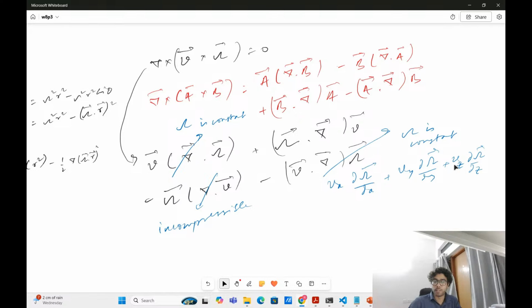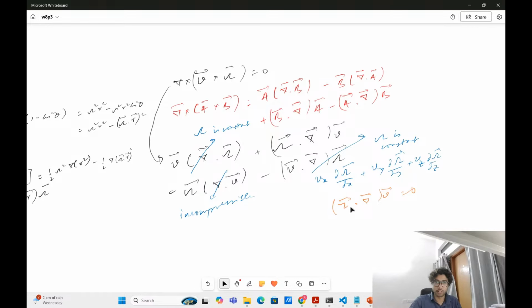But as I said, omega is constant and does not depend on x, y, z, so this term will become 0. So these three terms will vanish, and finally we'll be left with (omega dot del) v equals 0.